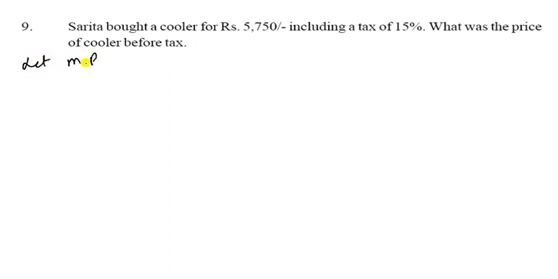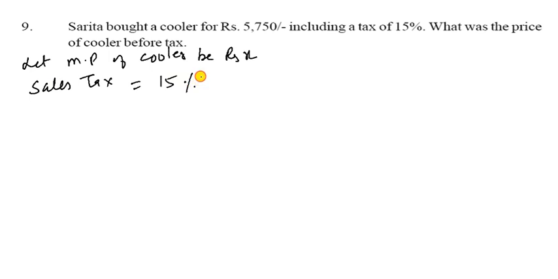So let the mark price of the cooler be rupees X. So the selling price, so here is the sales tax. Sales tax is given as 15% of X. So it would be 15 upon 100 into X. So 5 times 3 and 5 times 20. So it becomes 3 by 20 of X.